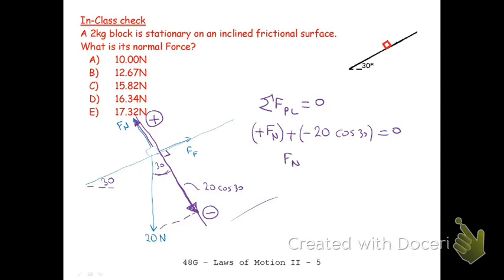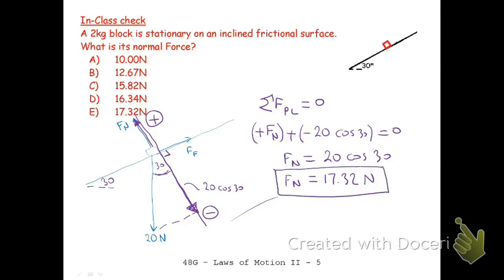So Fn is equal to 20 cosine 30, and that's going to be 17.32. And hopefully that's one of the choices. Yep, 17.32.